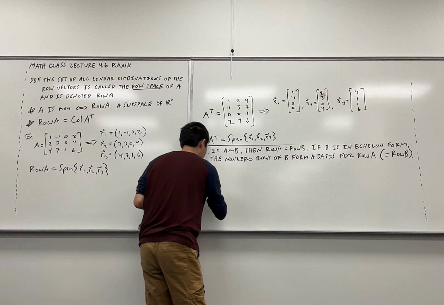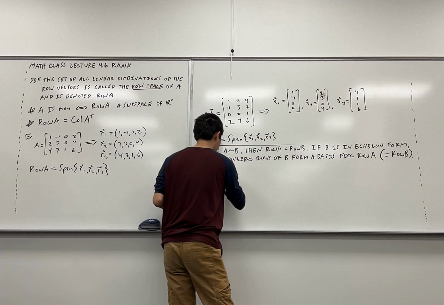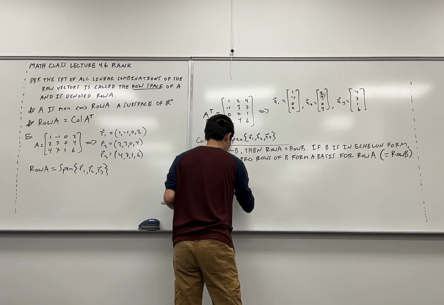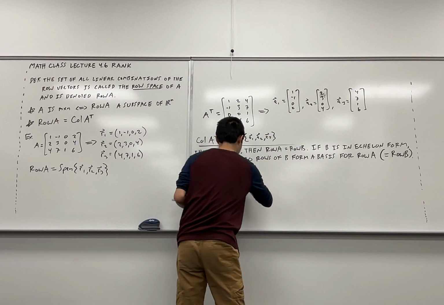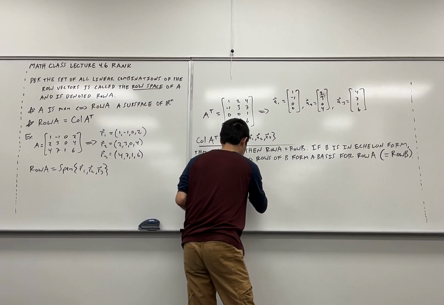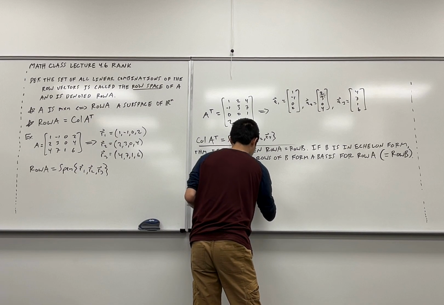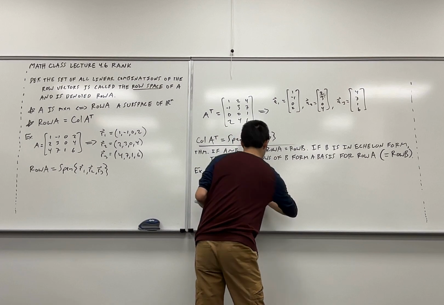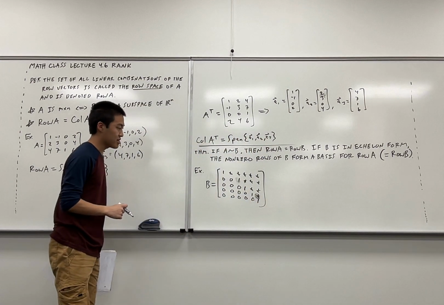So if I have some B, and maybe I've got 1, 0, 0, 0, 0, something, 0, 0, 0, 0, something, something, something, 1, 0, 0, 0, something, something, 1, 0, 0, something, something, something, 0, something, something, something, 0, 1. Okay? So this is in echelon form.